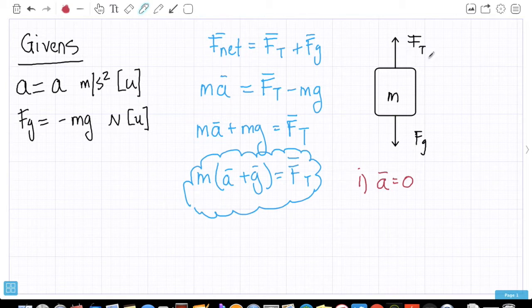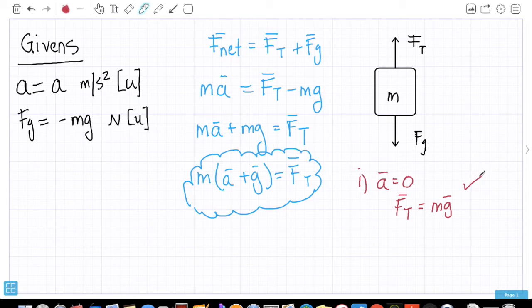Because according to Newton's law of inertia, if something is not accelerating, all forces must be in balance with each other, and therefore your net force is 0. So if that's the case, let's throw in a equals 0 here, so this will go away. And just by looking at this equation, we get Ft is equal to mg. That means that these two forces are equal to each other.